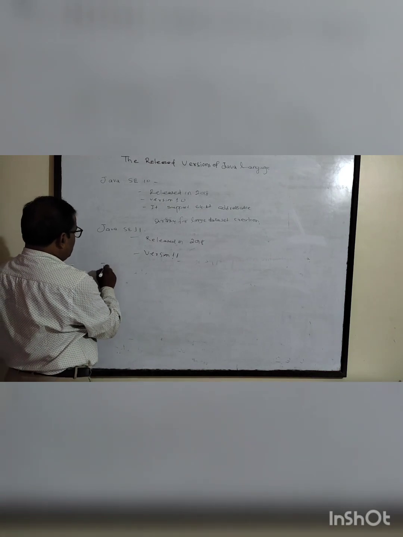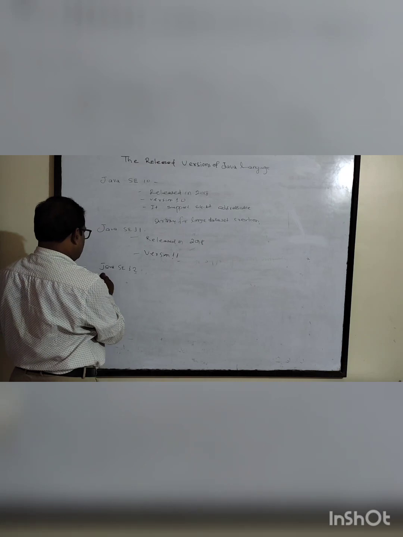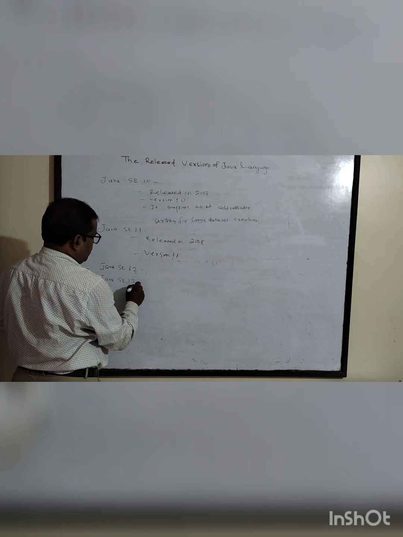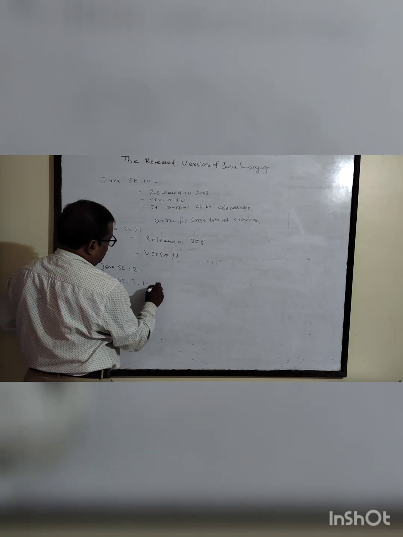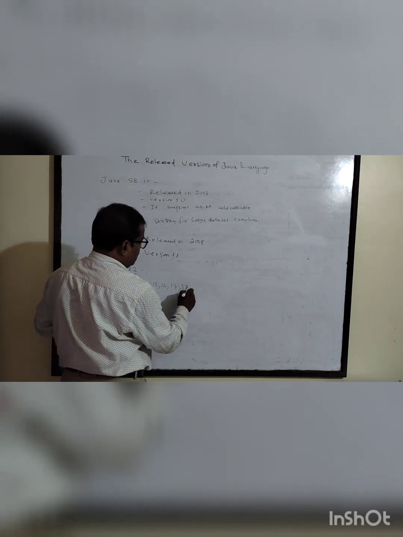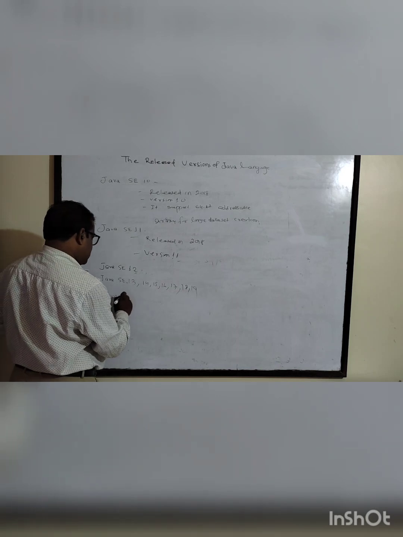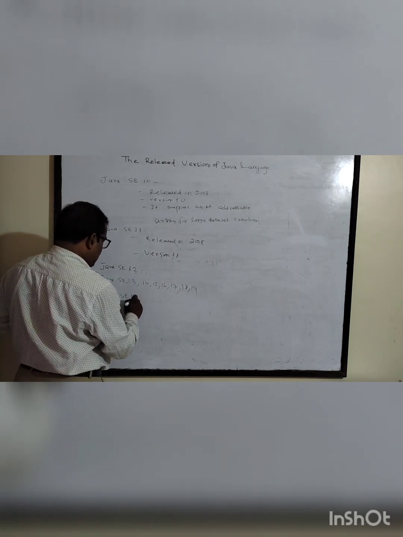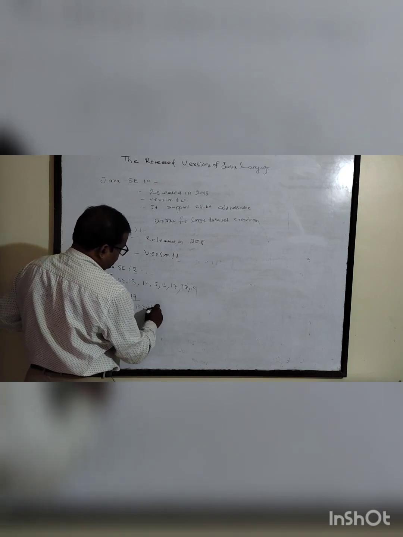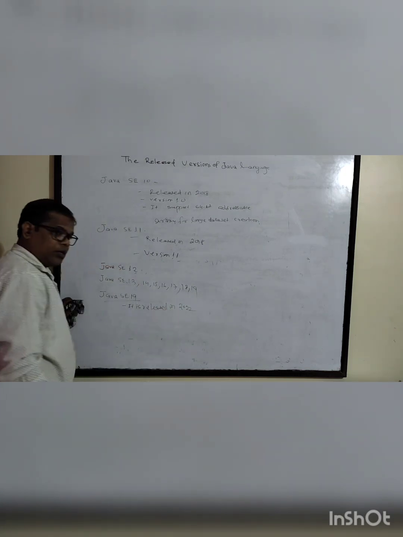Now you see Java this way. Java 12 has come. Java Standard Edition 13 came, 14, 15, 16, 17, 18, and 19. Java Standard Edition 19 was released in 2022. Remember that.